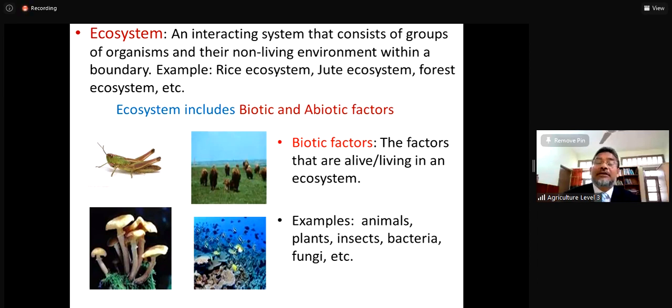Boundary মানে ওই যে রাইস এরিয়া, জুট এরিয়া, ফরেস্ট এরিয়া, এইভাবে আমরা ওই বাউন্ডারিকে দিয়ে তাদের ইকোসিস্টেম বলতে পারি। যে রাইস ইকোসিস্টেমে how many individuals you can see in the rice ecosystem, যদি কোশ্চেনটা থাকে তাহলে তার আনসার হবে যে রাইস ফিল্ডে গিয়ে যে পোকা বা মাইক্রো অর্গানিজমস বা রাইস বা উইড বা আদার অর্গানিজমস কি কি আছে ওখানে, সে যদি খুঁজে বের করতে পারে, বলছে they are the individuals of rice ecosystems. ওই ইকোসিস্টেম গুলো may not be same in the other crop area, other areas will not be the same.